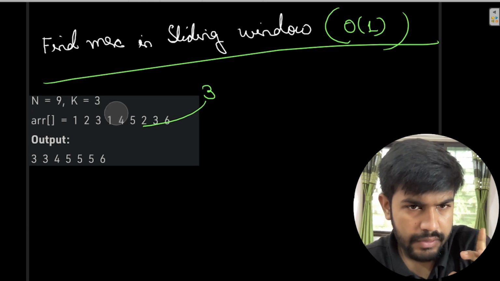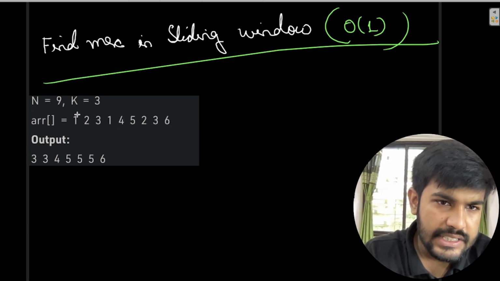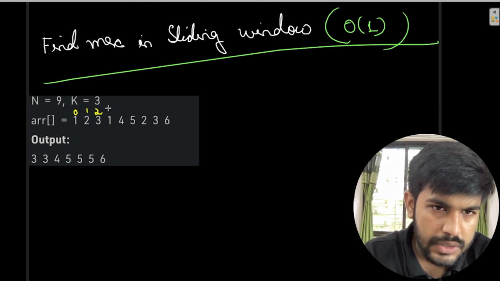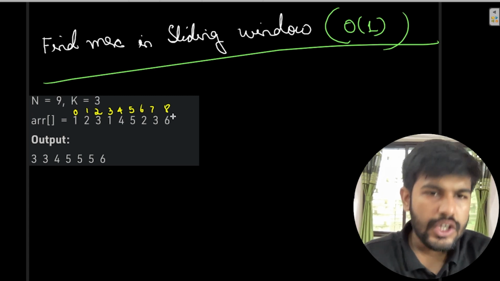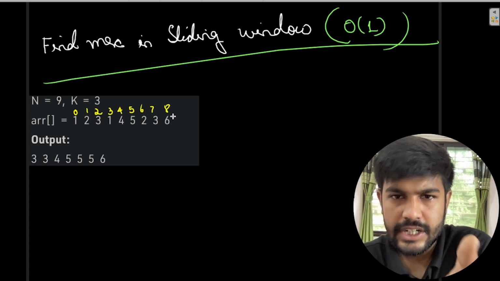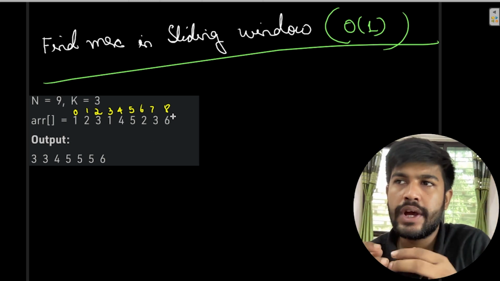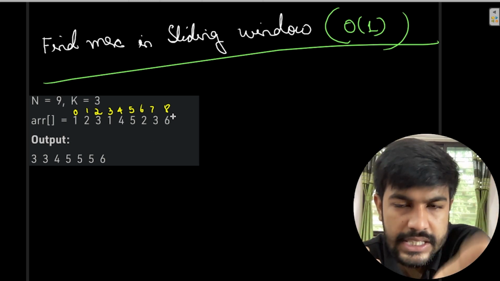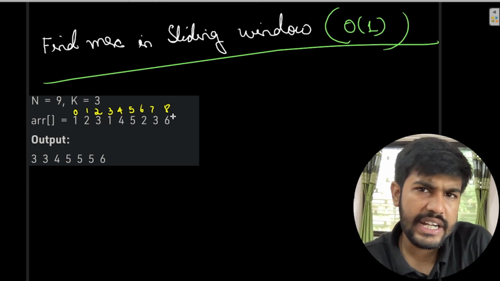Just try to be with me. This is index 0, index 1, index 2, index 3, index 4, index 5, index 7 and 8. So how would we know if the current element in the deque is outside the range? That is, how do we know that an element that has gone no longer belongs? We can just store the indexes.